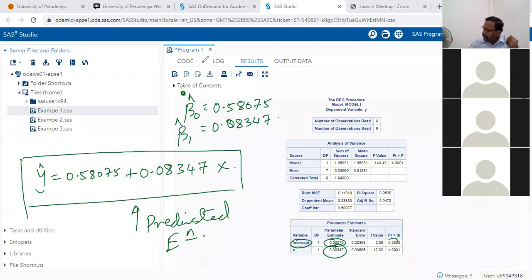The other thing is whether these parameters, beta naught and beta 1, are significant or not. Actually, we don't need to look at that in this simple linear regression concept. Anyhow, beta 1 is significant here, which we have already seen.